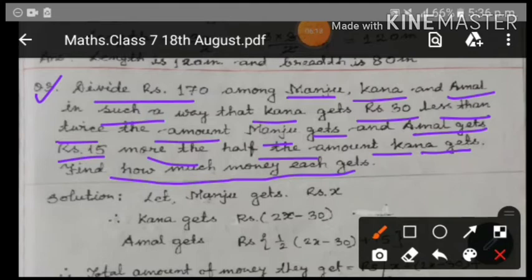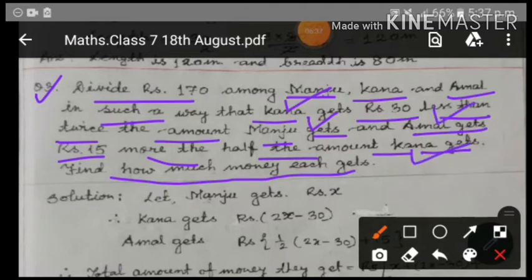So here, which one to consider as x? Understand this part properly. The amount of money Kana gets is dependent on the amount Manju gets, and the amount Amal gets is dependent on Kana.